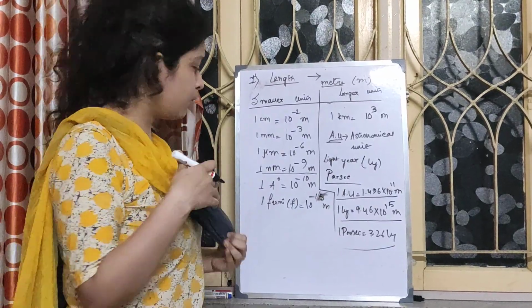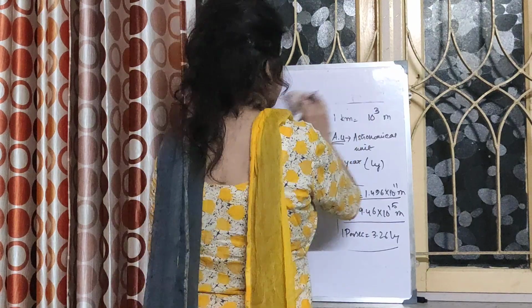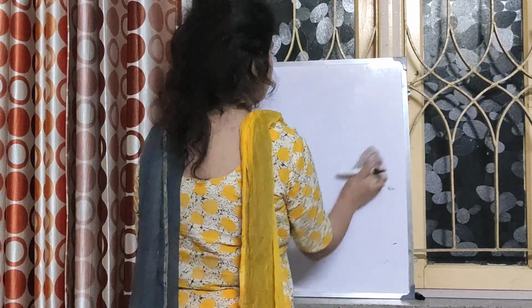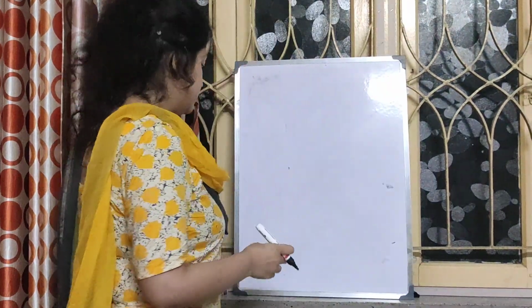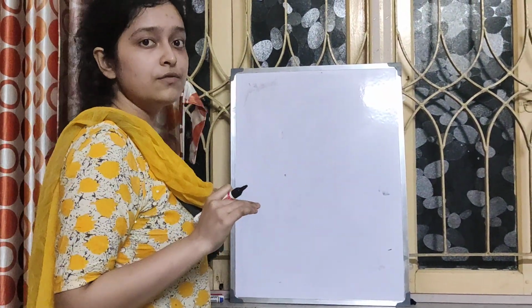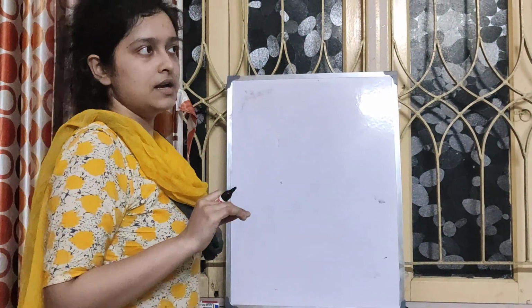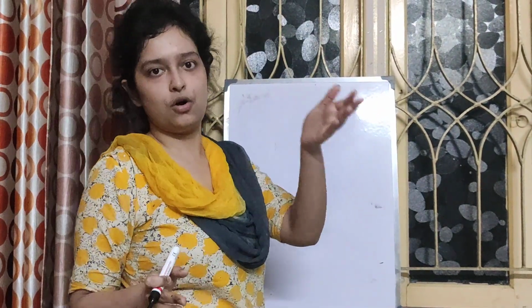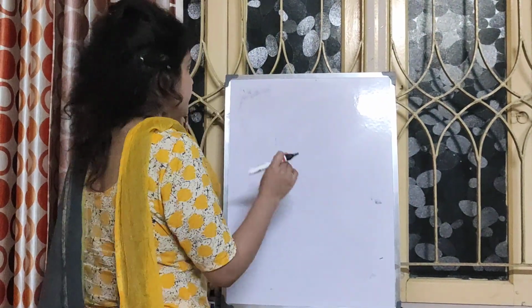We can convert from one to another. So parsec, light year, and astronomical unit, we use these if we want to measure distances, say how far light has traveled, or the distance between planets, heavenly bodies, or sun and earth.